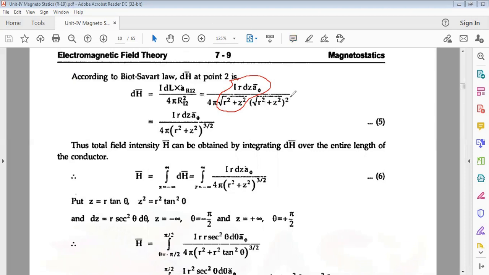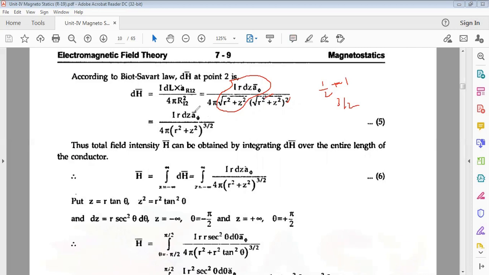And these two functions get cancelled: R square plus Z square whole power 1 by 2 and R square plus Z square whole power 1. So 1 by 2 plus 1, bases are same, you can add the power, that is 3 by 2. So I R dz Aφ whole divided by 4 pi times R square plus Z square whole power 3 by 2.